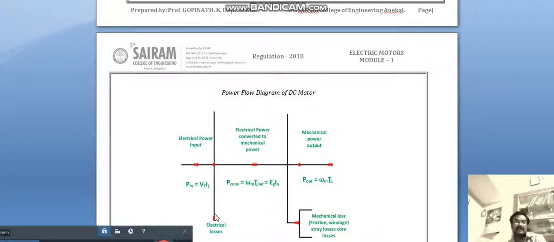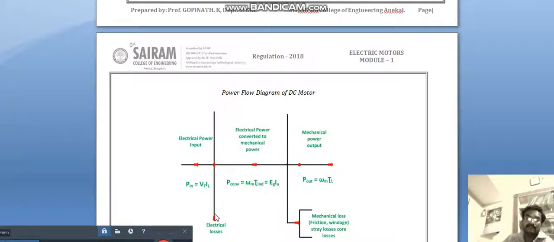Copper loss is nothing but the heat loss, I square R losses, the resistance multiplied with current squared. So the losses will be present. Then there is copper loss, and another is core loss or iron loss.